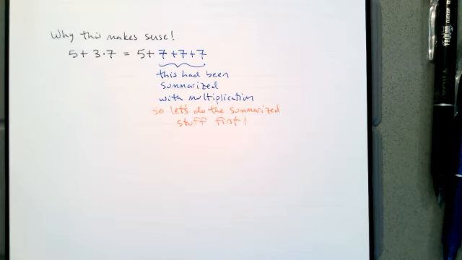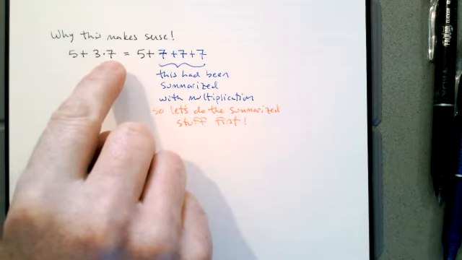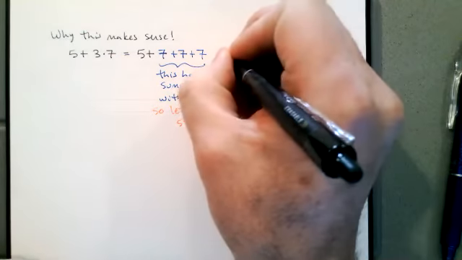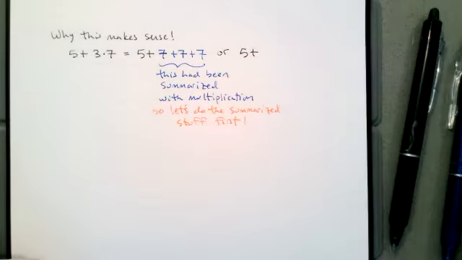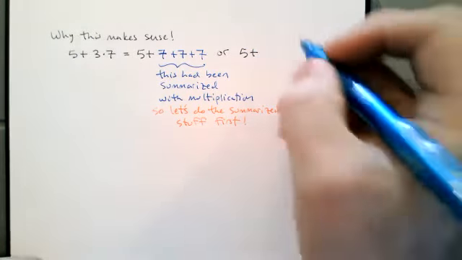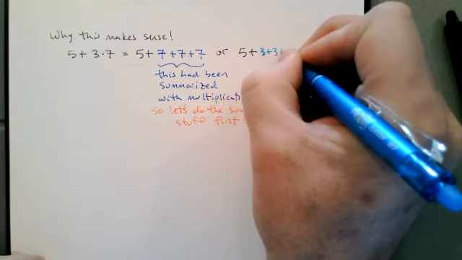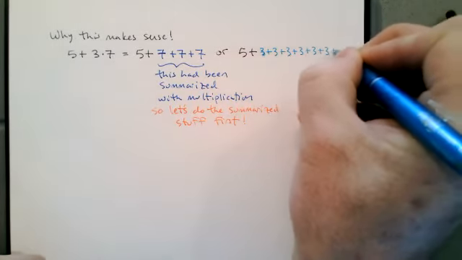If we want to read this as a 5 plus 3, we have to recognize that there are 7 of them. So we could also write this as 7 threes. Now I regret using a 7 and not a 2, but oh well. 1, 2, 3, 4, 5, 6, 7.